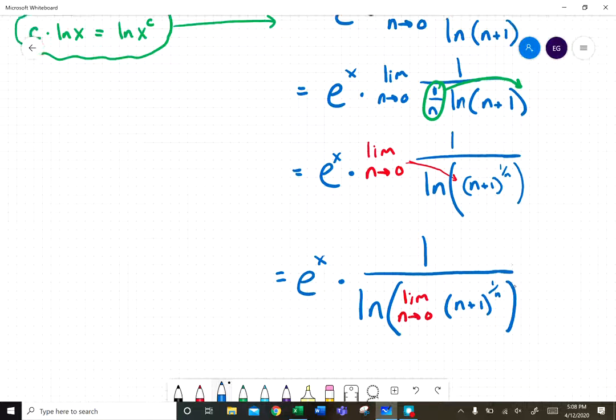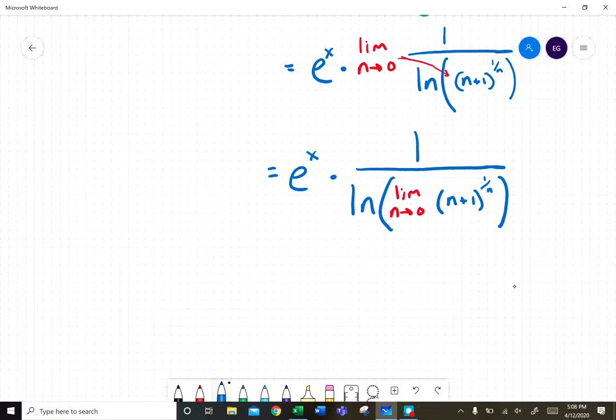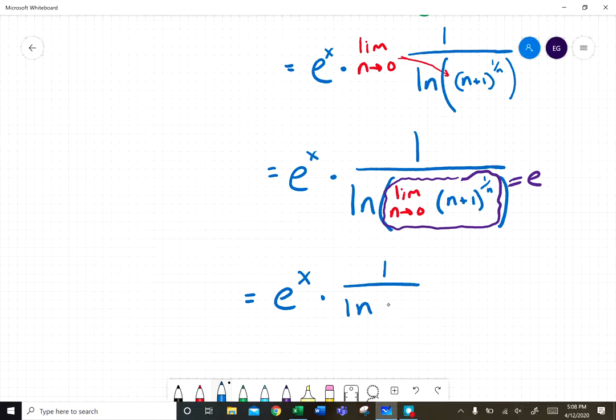So by putting the limit inside, now we have the definition of e. So this right here equals e. So we have e to the x times 1 over the natural log of e, which is e to the x times 1 over 1, which is e to the x. And this is what we were trying to prove.